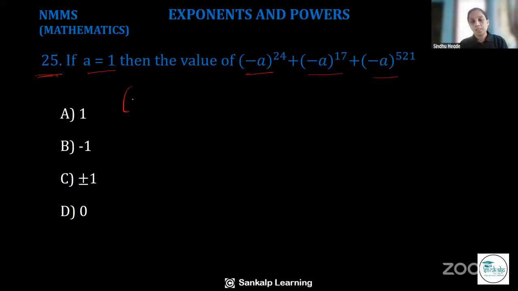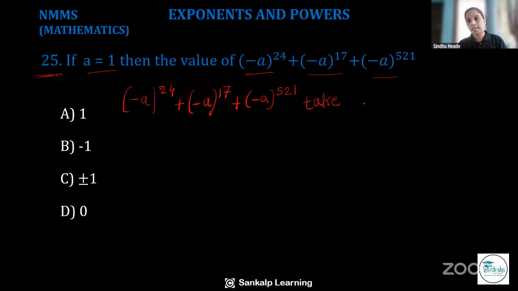Now our given expression is minus a raised to 24 plus minus a raised to 17 plus minus a raised to 521. Now substitute a is equal to 1 in this expression, because it is already mentioned in the question: if a is equal to 1.